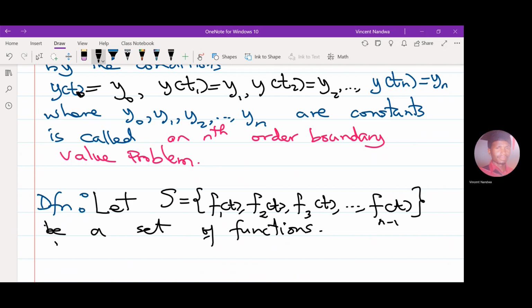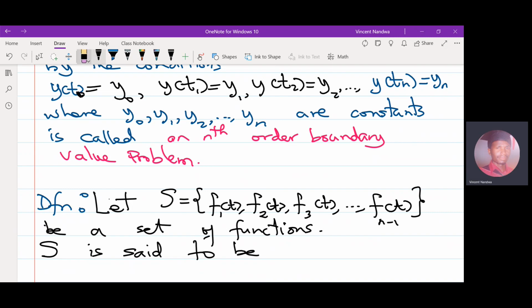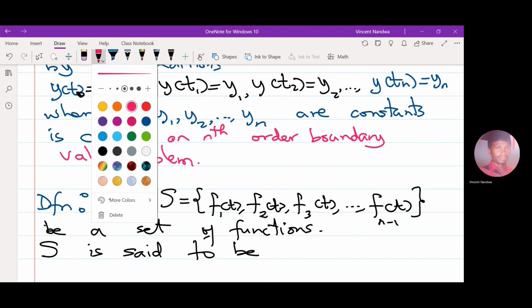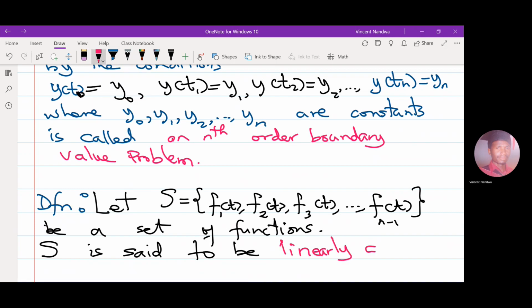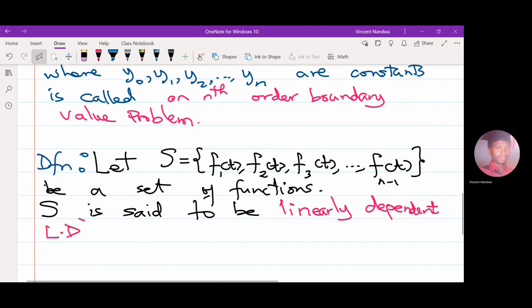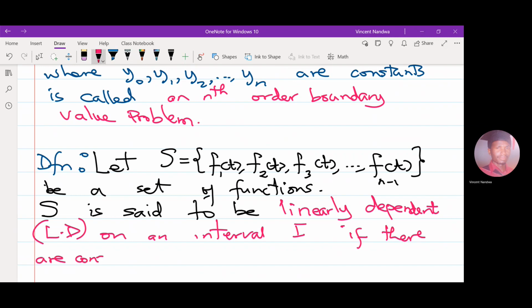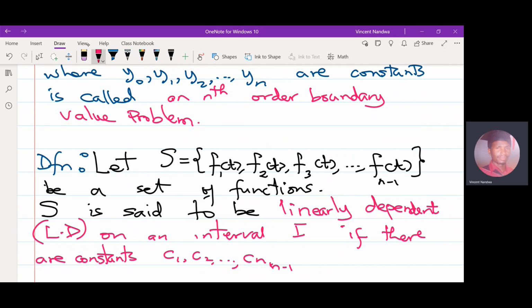So S, this set, is said to be linearly dependent, which we can abbreviate by LD, on an interval I if there are constants C1, C2, all the way up to Cn minus 1, or it can in fact even go up to Fn.